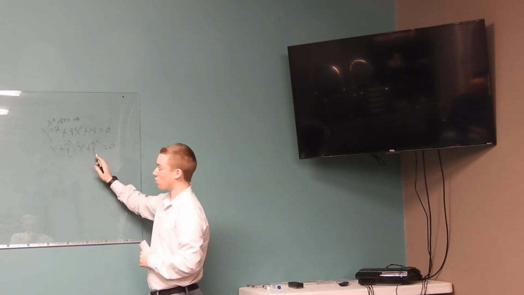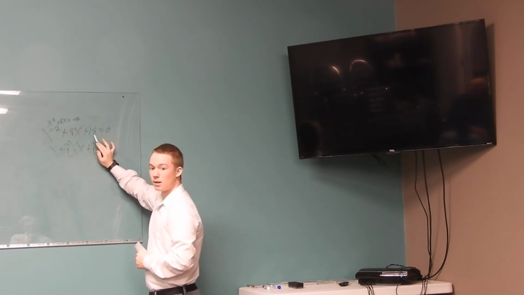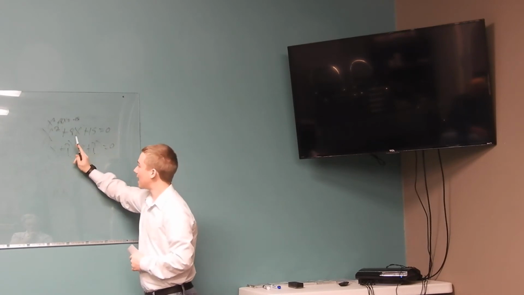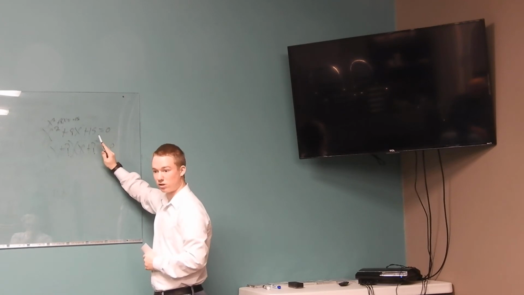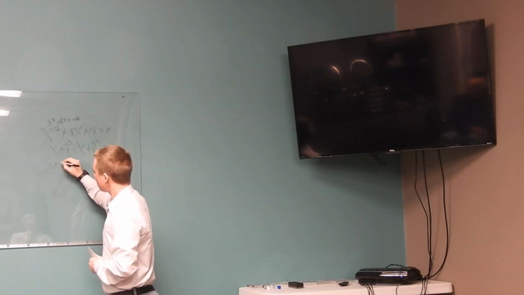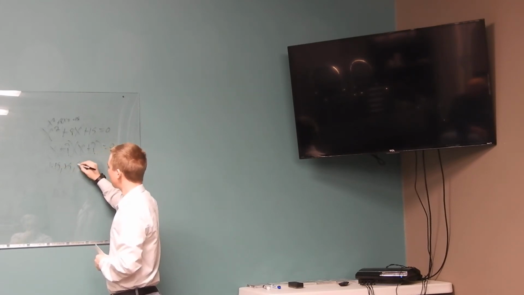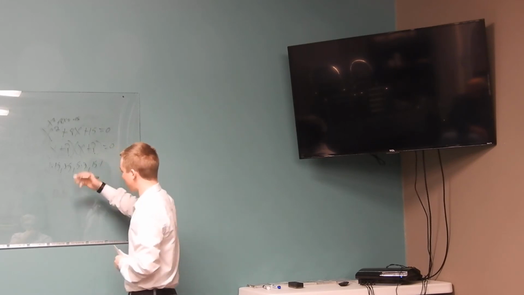To find these question marks, what we need to do is figure out the two numbers that multiply to equal 15 and add to equal 8. To find this, we will find all the numbers that multiply to equal 15. So we have 1 times 15, 3 times 5, 5 times 3, and 15 times 1.